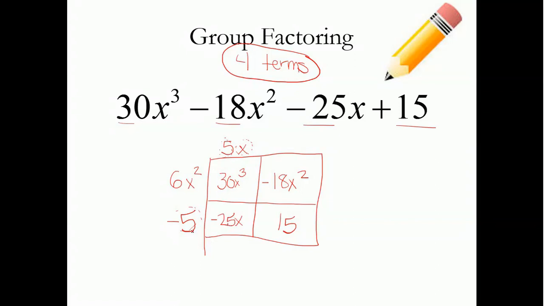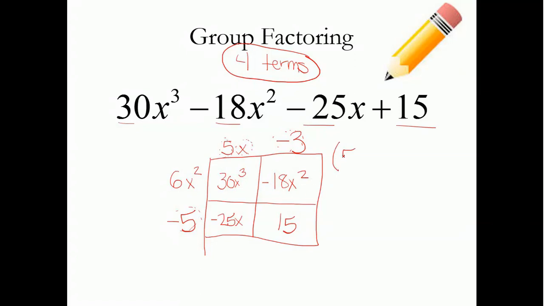Now, negative 5 times what will give us this 15? Because you see how those two kind of meet up together to make that 15? Well, I know that needs to be negative 3. Let's check the multiplication though. 6x squared times negative 3 does in fact give me that negative 18x squared.